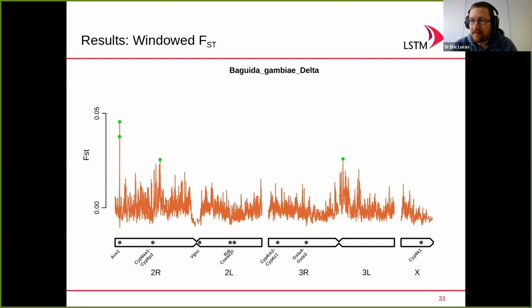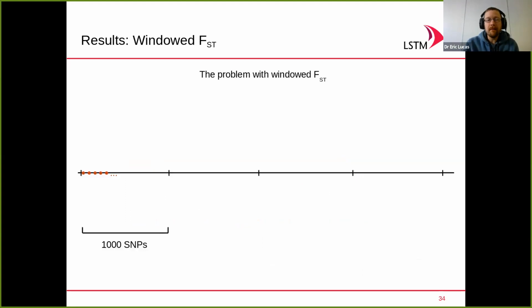This made us realize that there's another problem with using windowed statistics, FST or any other statistic. It's one that's not really fully appreciated. I haven't really come across acknowledgement of this problem before. Essentially, as I said earlier, SNPs next to each other are telling you the same picture, and this is particularly true where there's been recent positive selection.